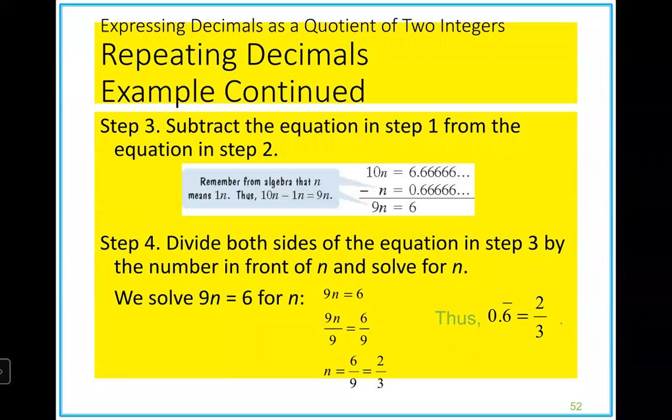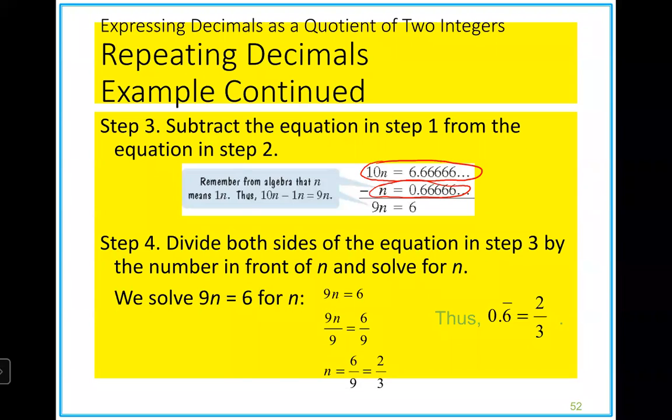Step 3 says you're going to subtract the equation in step 1 from the equation in step 2. So when you did the multiplication, this is what you got: 10n equals 6.66 and so on. And when you started off, n is equal to 0.66 and so on.